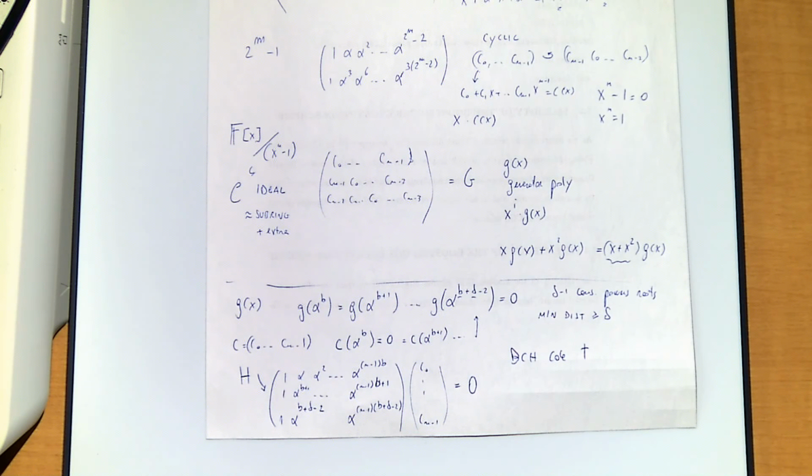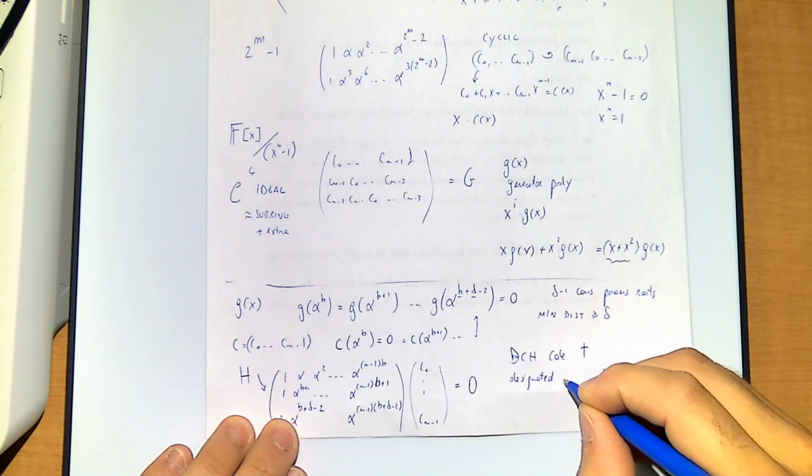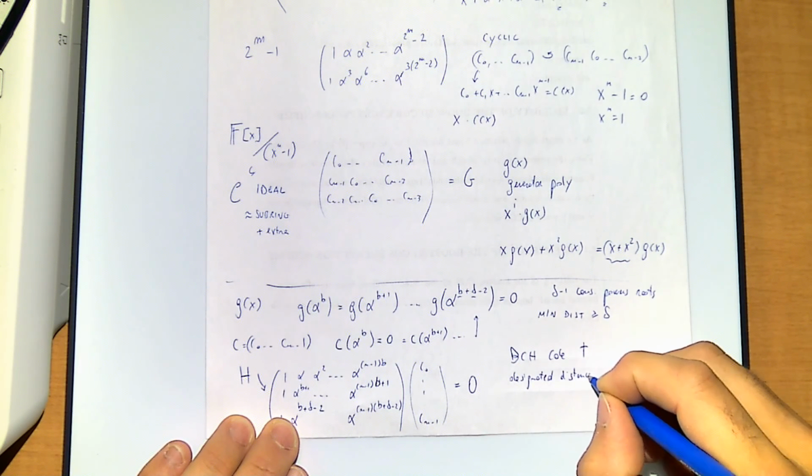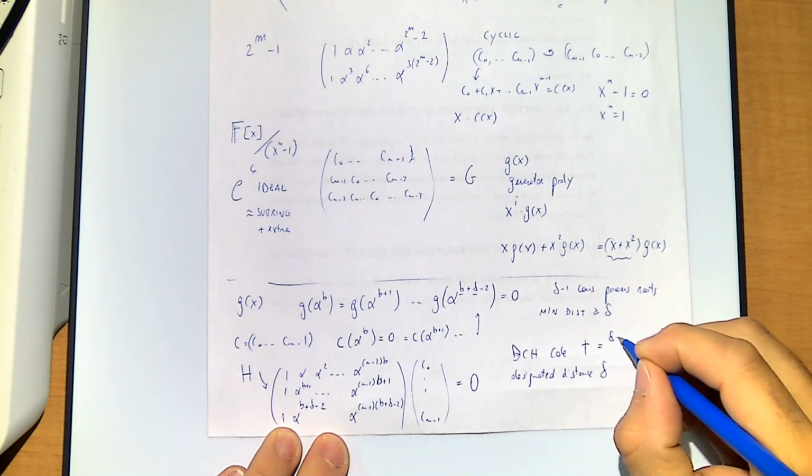Okay, and hopefully this makes sense. And this is called a code of designated distance delta, because delta is exactly what you're shooting for. And then t is obviously delta minus 1 over 2.